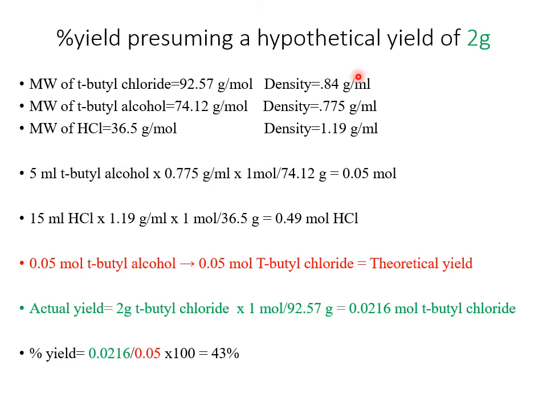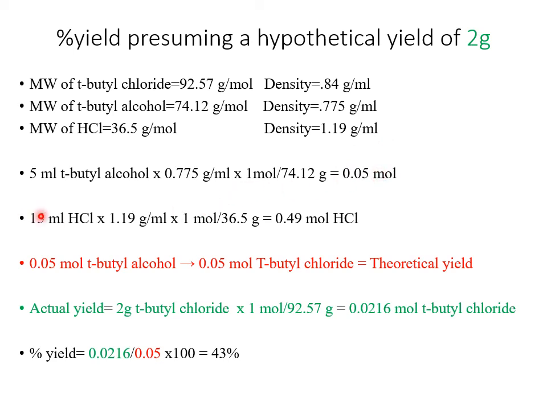You take the density of tert-butyl alcohol, 0.775, and multiply it by the volume, the milliliters cancel, and then you divide by the molar mass, so that the grams cancel, and you get your moles of tert-butyl alcohol that you used.